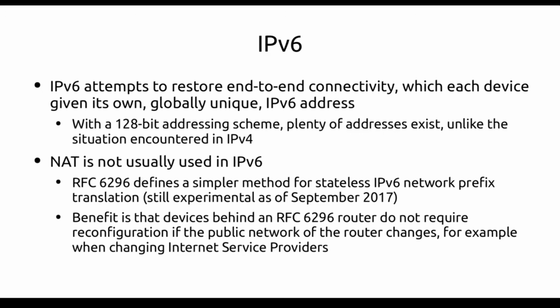So if, for example, a company or a small office or a home consumer wants to change internet service providers without using something like the 6296 prefix translation, what ends up happening is that all of the devices have to be reconfigured with new IP addresses with that new network prefix component. So there are some ideas from NAT that are useful that are being carried forward in active development on IPv6, but typically IPv6 is designed to obviate the need for NAT, and so we don't generally use it with IPv6.